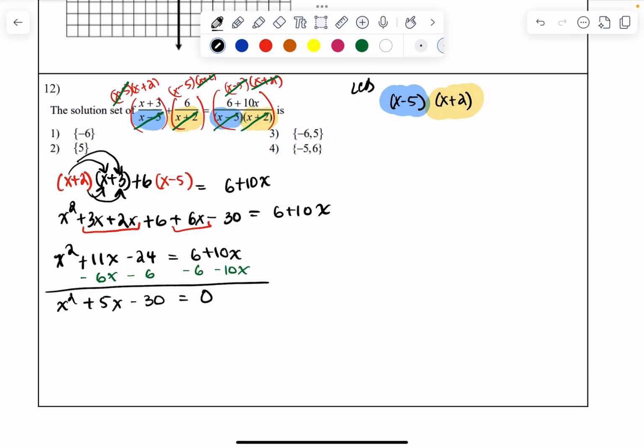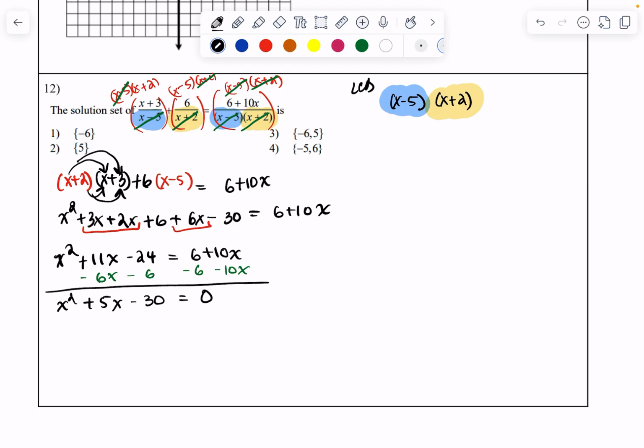So we have x plus 2 times x plus 3, so we have x squared plus 3x plus 2x plus 3 times 2 is 6, and then we have a 6x minus 30 is equal to 6. Okay, so we have x squared, 3 plus 2 is 5, 5 plus 6 is 11, and then 6 minus 30 is going to give us a negative 24, minus 6, minus 6.